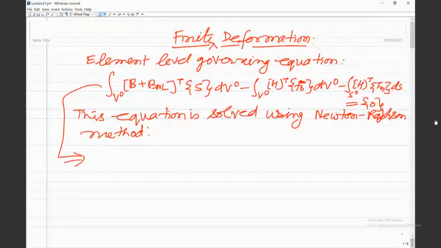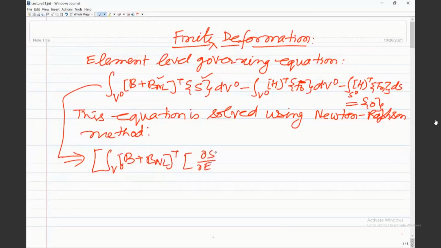See, S is an unknown function of the elemental degrees of freedom through strains, and strain through the strain-displacement relation is a function of displacements. Also this BNL contains the gradients of displacement, so that also contains unknowns. So both the terms have to be accounted for. So we will have the integration over V naught of B plus BNL transpose, and then the derivative of S with respect to the Green-Lagrange strain tensor.